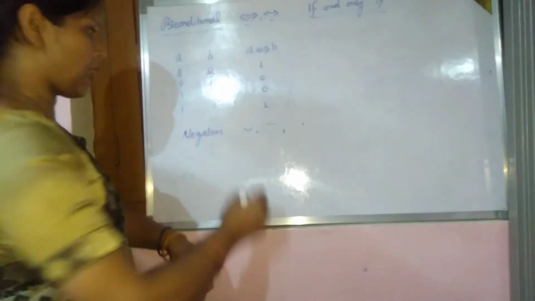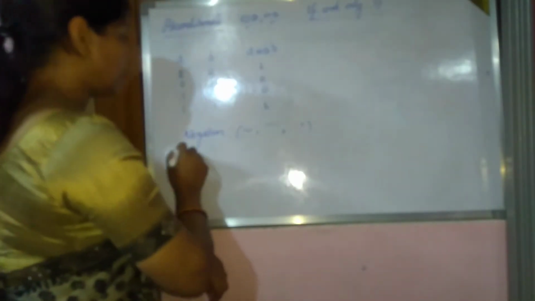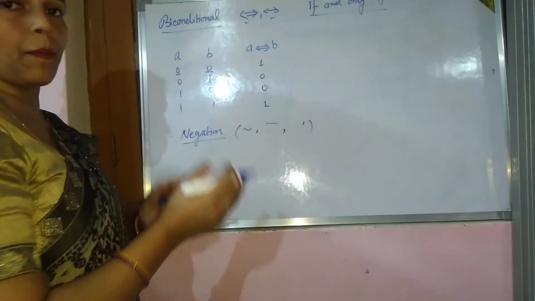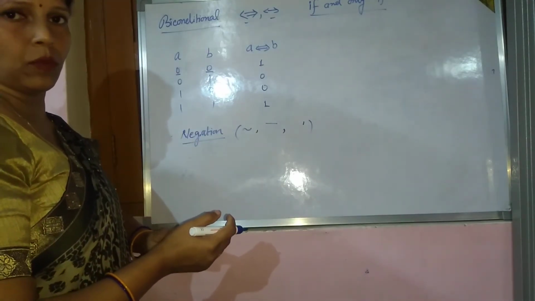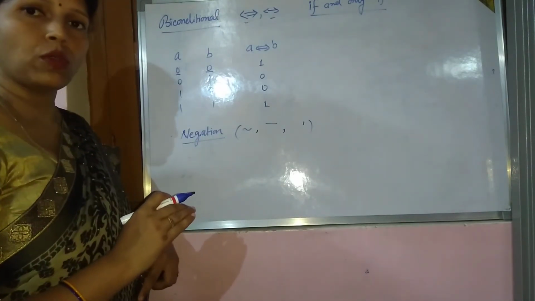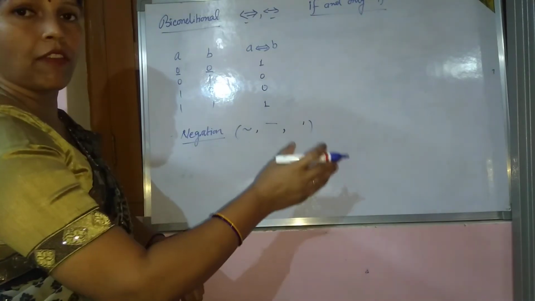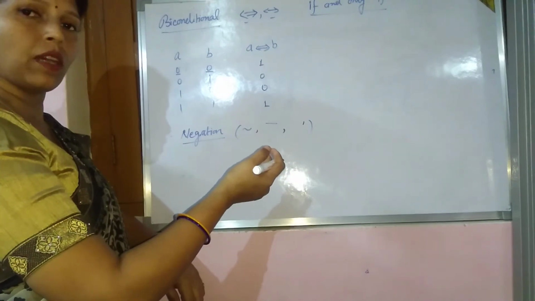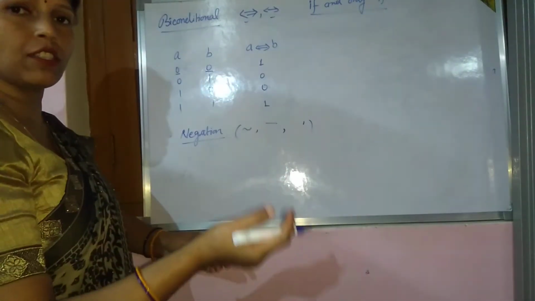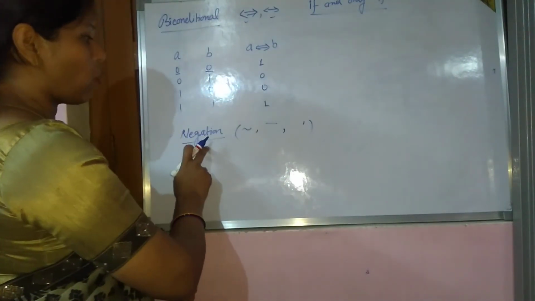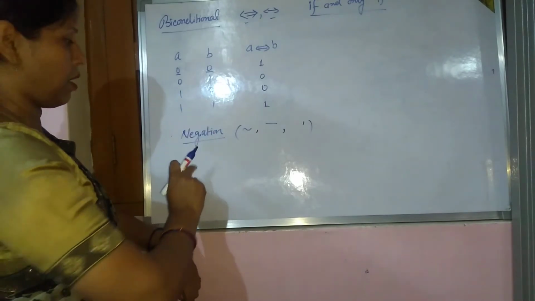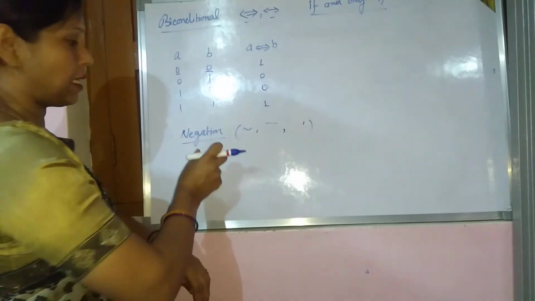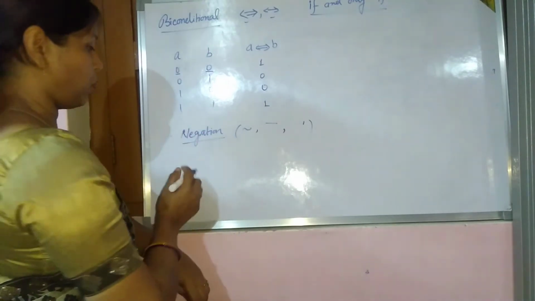These three signs denote negation. Negation means just the opposite value. If your value is true, then after negation the value is false. If your value is false, then after using negation, your value is true. In this, there is only one proposition. It is not used to connect more than one proposition. It is used only on a single proposition.